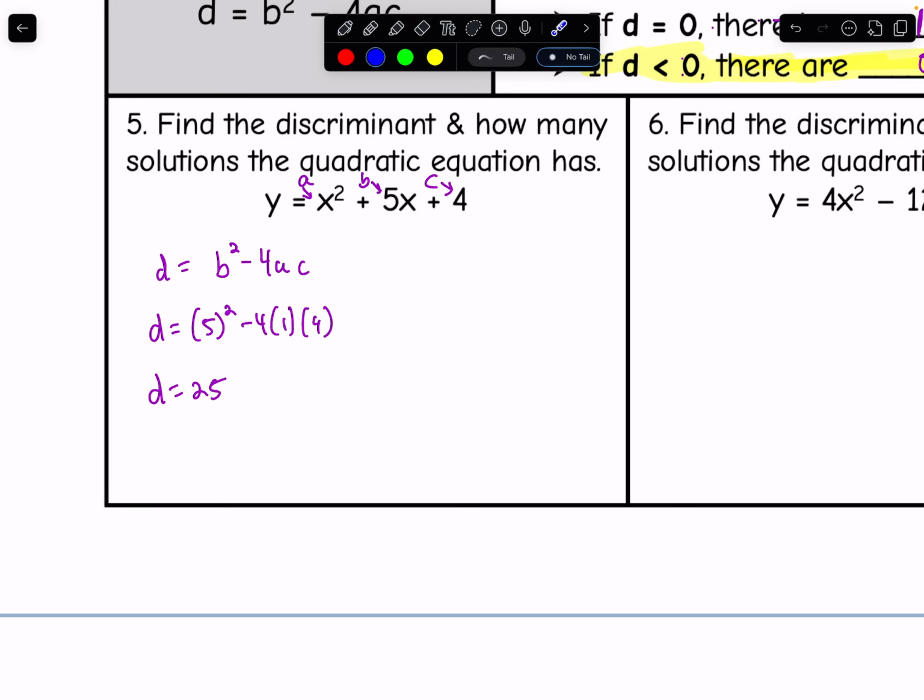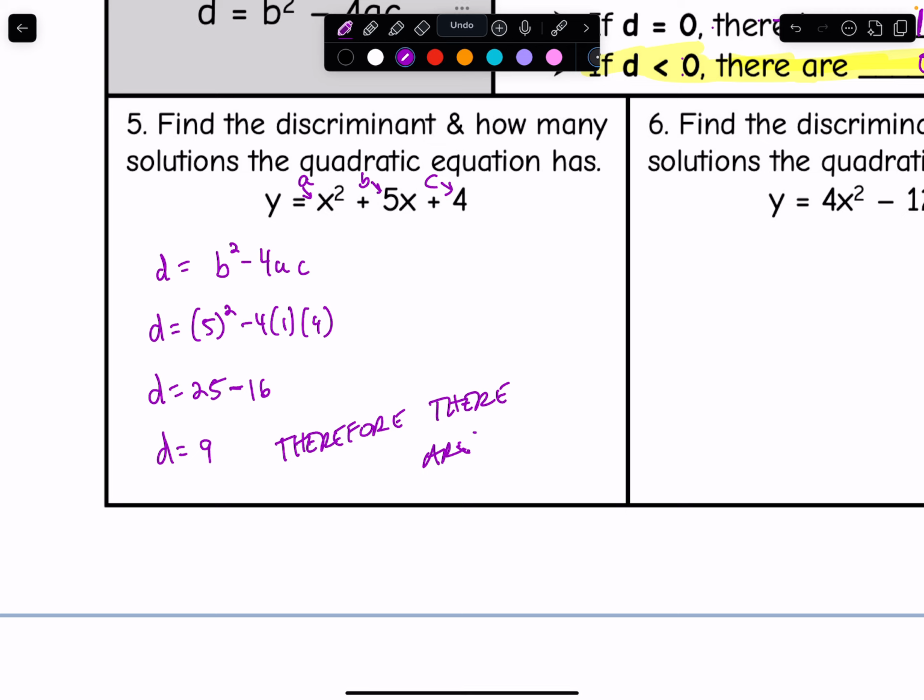And now this part right here, a negative times a positive will be a negative, so I know it's minus. 4 times 4 is 16. So the discriminant is 25 minus 16, which is 9. Therefore, there are two solutions. Okay, that's what that means.